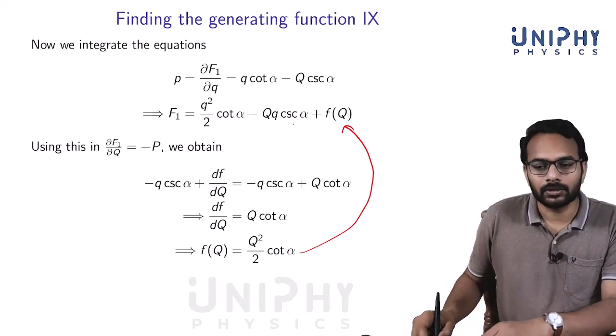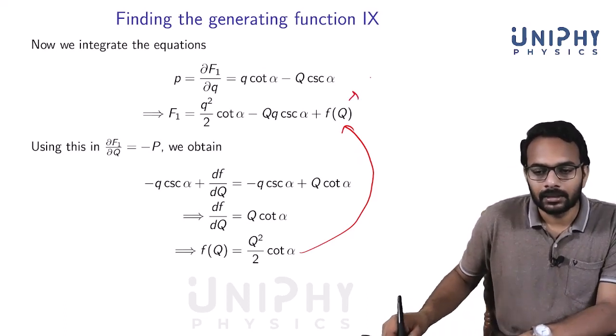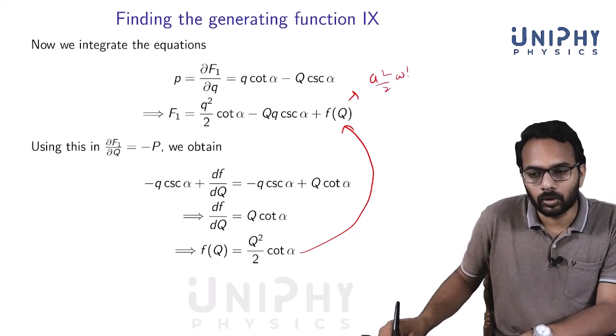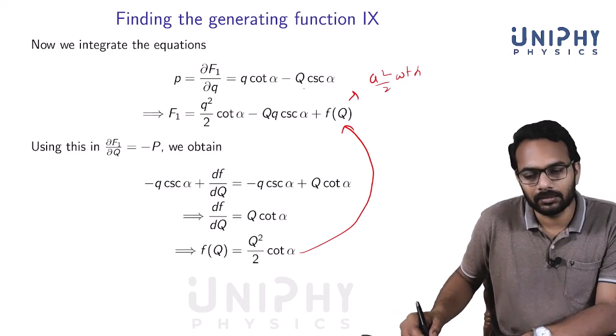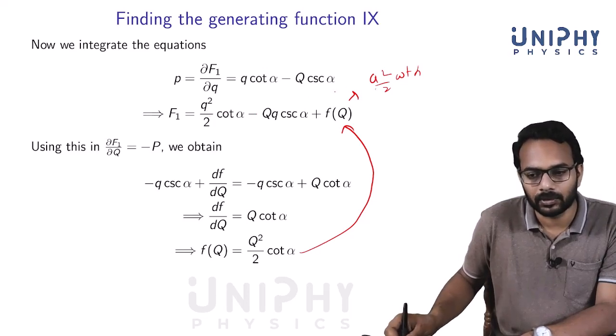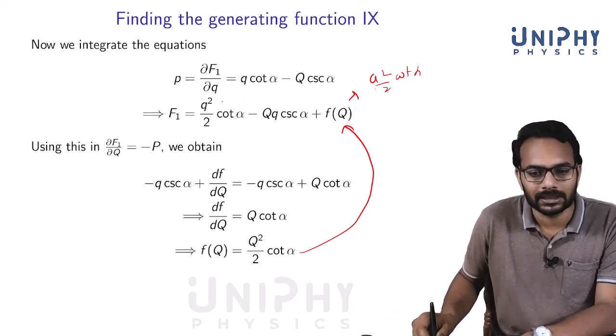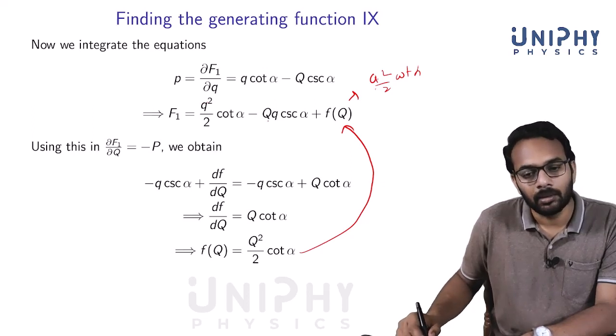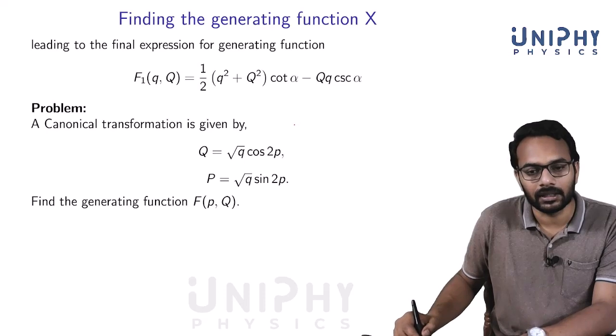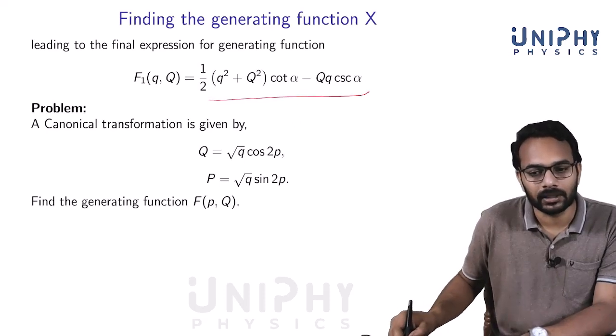You can maybe simplify a little bit and make it look simpler. I can pull this half outside and cot alpha outside and write q square plus capital Q square, and then there is a minus q capital Q cosecant alpha. Okay, that's exactly what we have here.